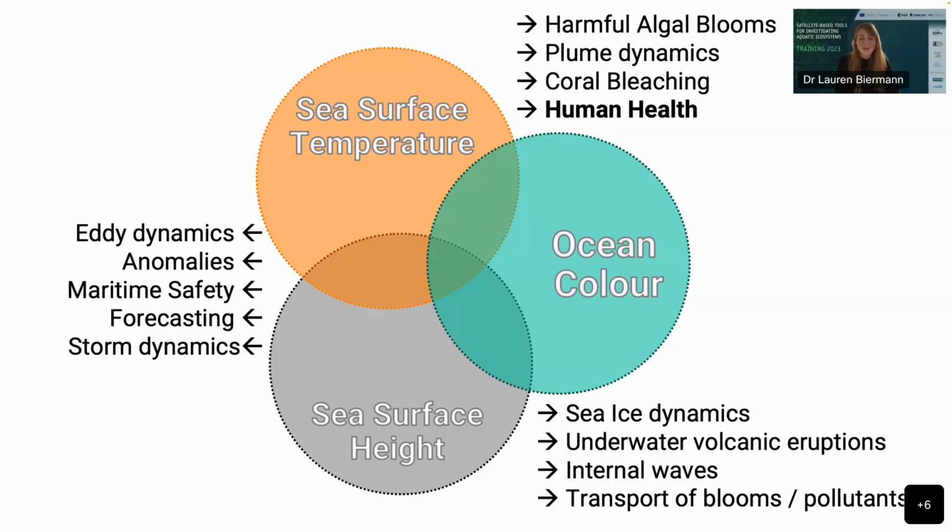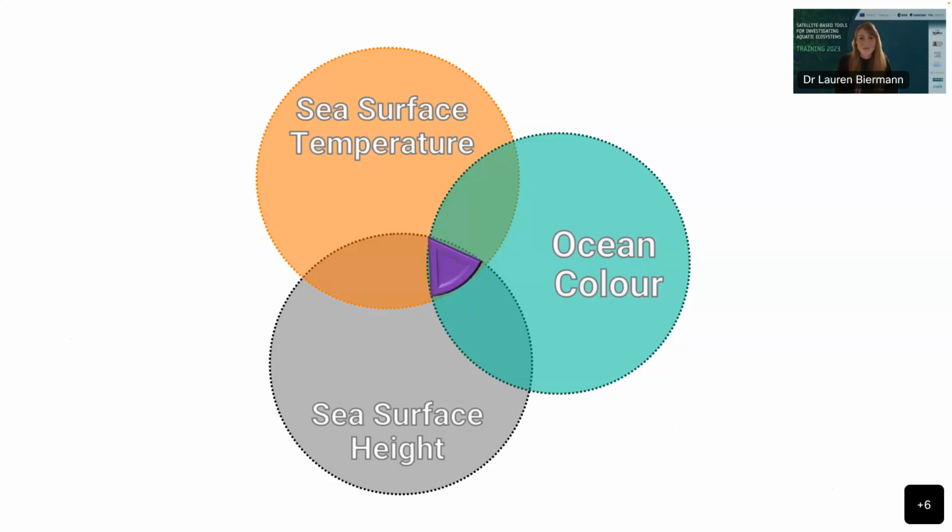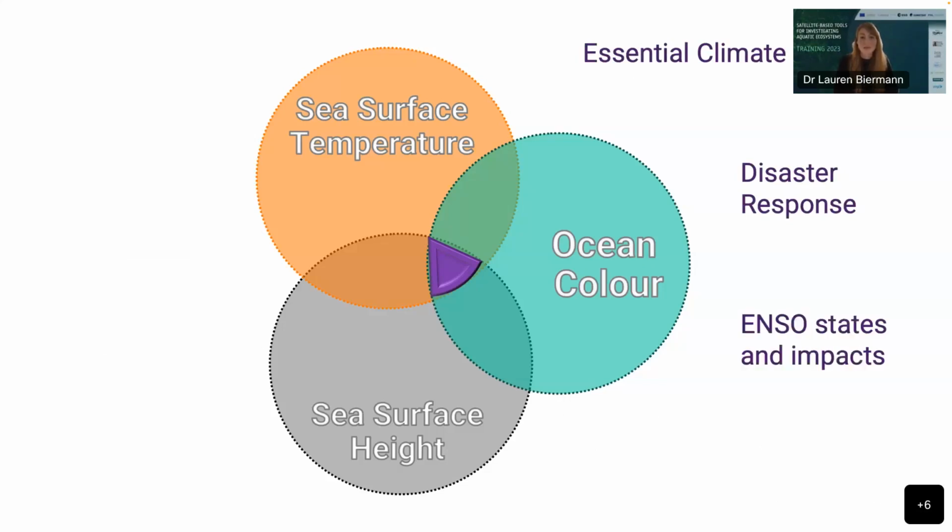And of course, I've talked about the intersect between two at a time, but the magic really happens when we look at the center and we look at the overlap of all three. Because when we do that, we're able to see things like essential climate variables. We're able to become really involved in disaster response. El Niño and La Niña, the states and the impacts.